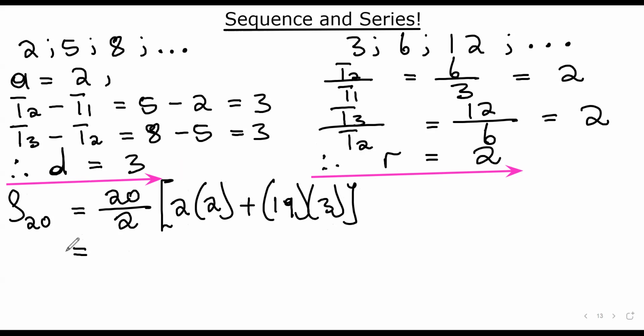And when we go to our calculator and say 10 into 4 plus 3 into 19, well, we simply get 610.